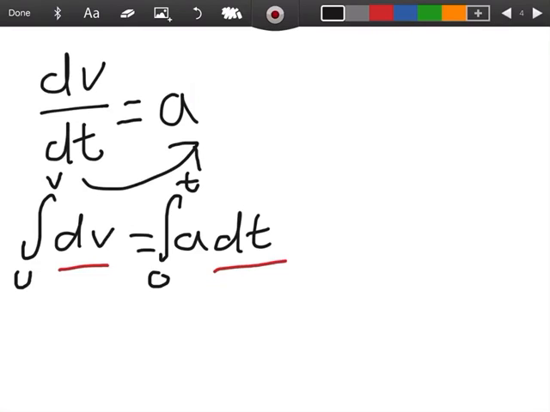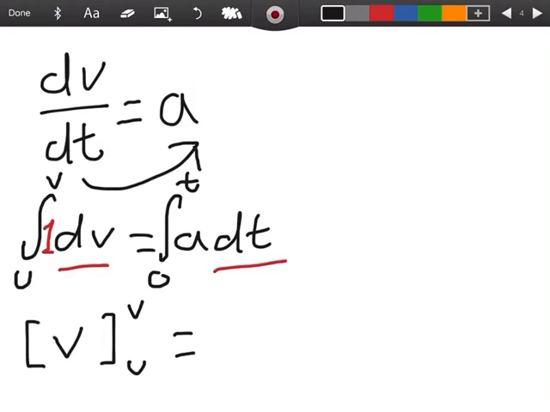And then you do your integration, where actually on the left hand side there is a secret 1 here. Okay? And then if you integrate 1 with respect to v, you get just v. Right?